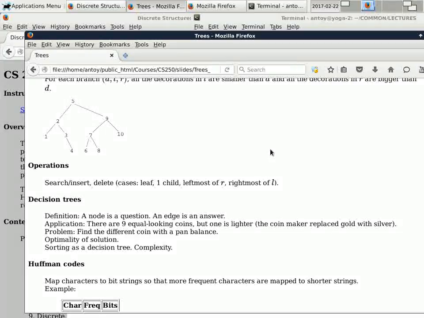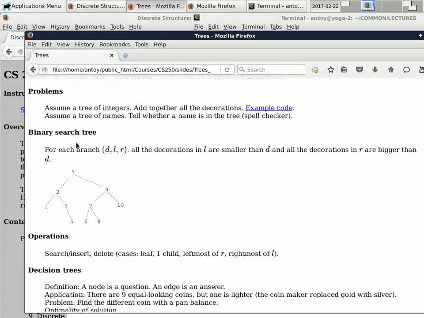All right. So what have we been looking at here? A binary search tree, which is a variation of a binary tree. How is a binary search tree characterized? The decorations have a linear order. If you pick two decorations, you know which one comes first and which one comes second, right?